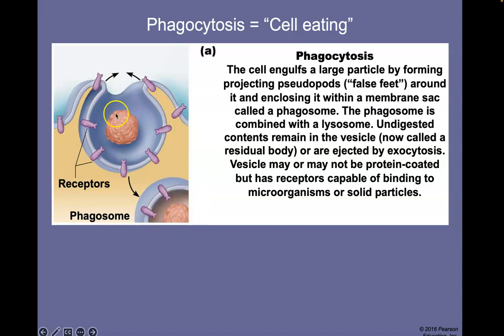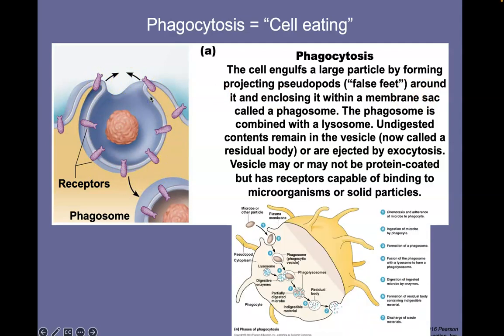And when you bring those large molecules in, you're going to trap them in a little bit of membrane. The membrane's going to invaginate and pinch in, and then you're going to trap that large particle inside the membrane-bound vesicle. We call that little membrane sac a phagosome, okay?